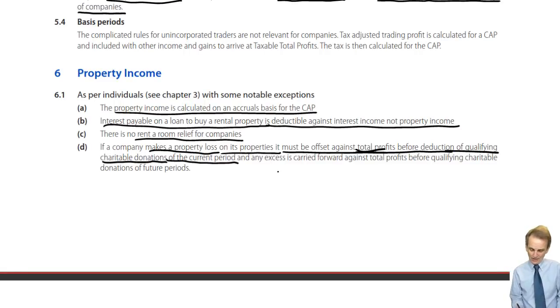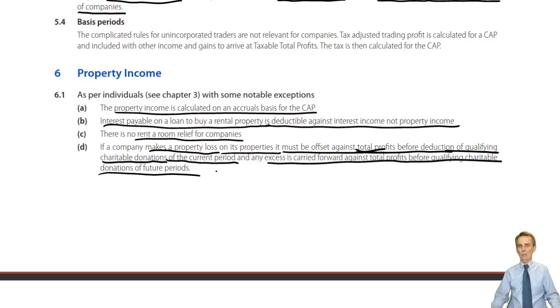If you do make a loss, any excess is carried forward against total profits before, again, qualifying charitable donations of future periods. Now, it's very unlikely that you're going to have a property income loss that is bigger than the total profits of the current period. But if you did, it is carried forward.